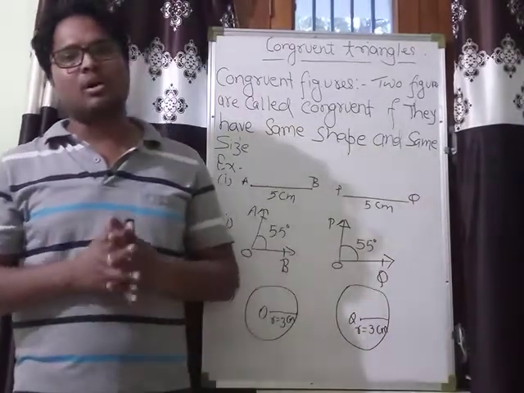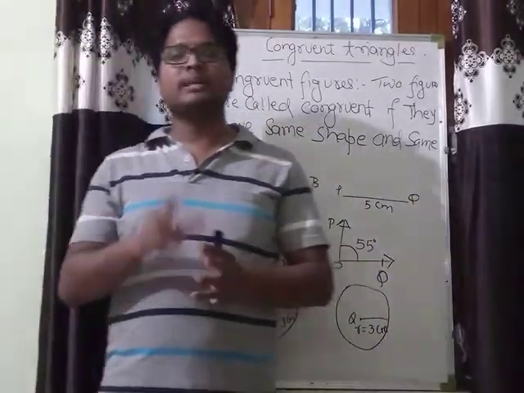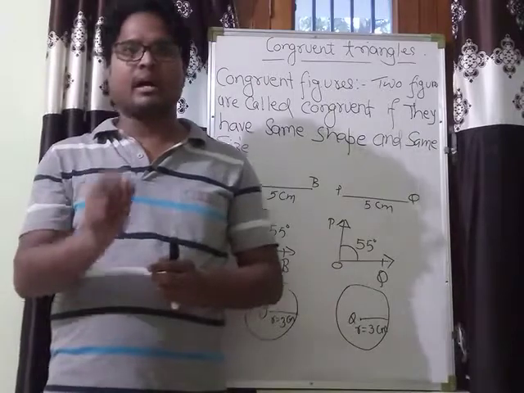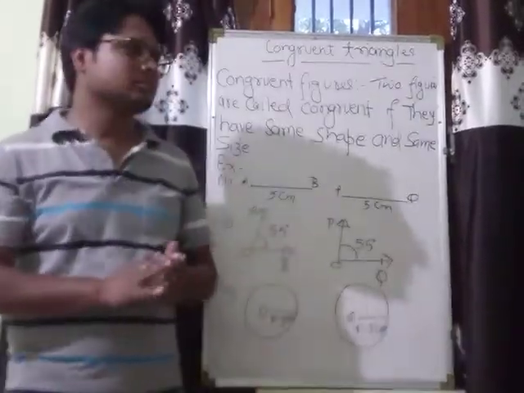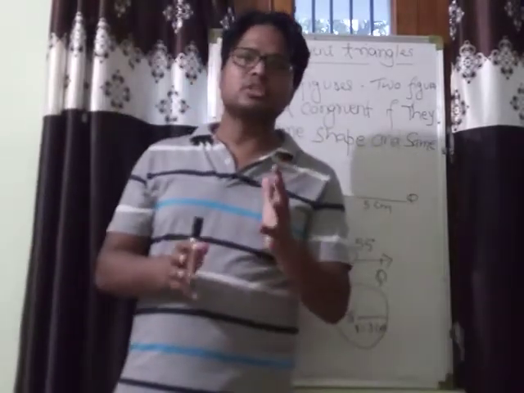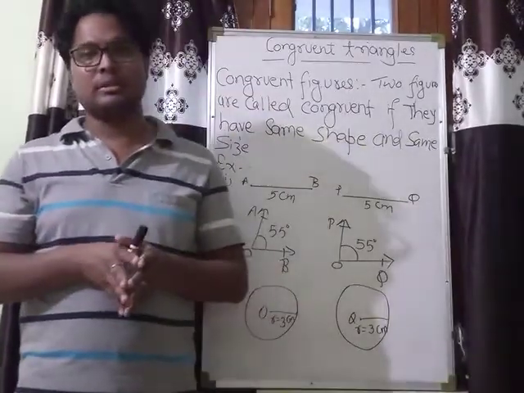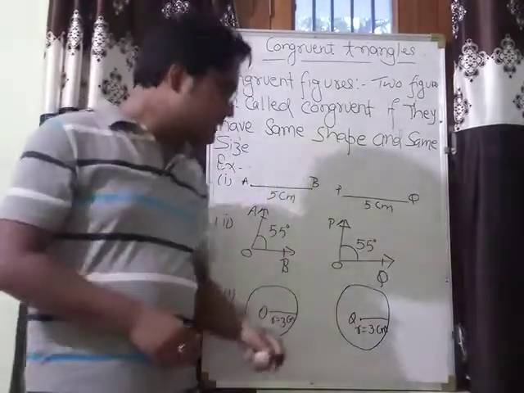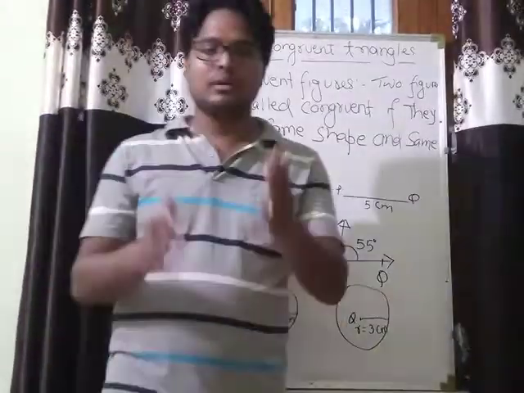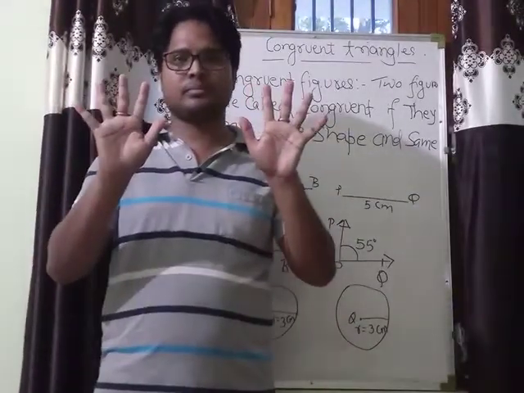Two figures are called congruent when they have the same shape and the same size. Means when two figures overlap each other, they completely cover each other. For example, you can see these two hands.